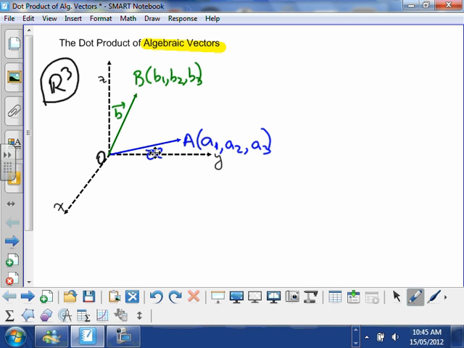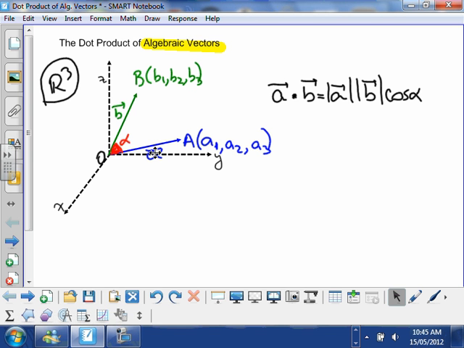So what I know from yesterday, by definition the dot product of A and B is nothing else but magnitude of vector A times magnitude of vector B times cos of angle alpha, where angle alpha is nothing else but the angle in between these two vectors. The red angle is alpha.